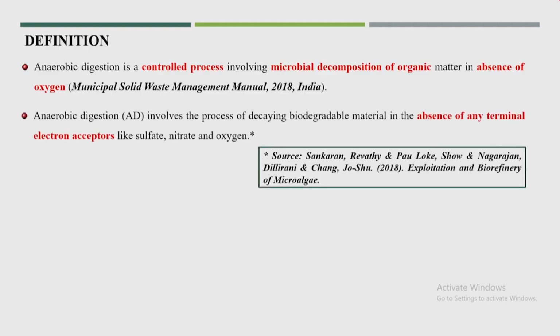But if you go technically, anaerobic digestion involves the process of decaying organic matter in the absence of any terminal electron acceptor like sulphate, nitrate or oxygen. In this case the major electron acceptor is oxygen, so we can say it is the absence of oxygen.